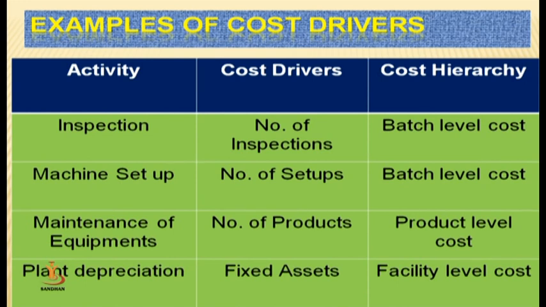Plant depreciation is the most important example of facility cost hierarchy, because it is calculated on the plant of a company, which is a fixed asset, and on that fixed asset many products are manufactured. So it is treated as a facility level hierarchy, and the cost driver is fixed assets, or maybe others as per suitability.